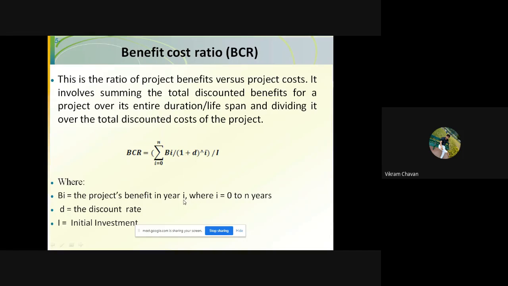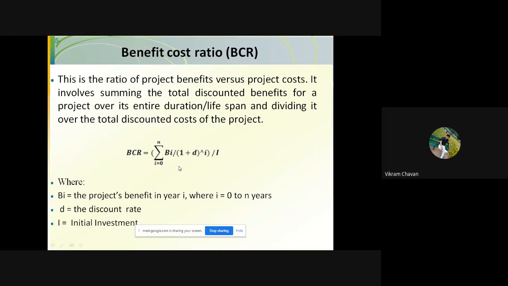We take the summation of the factor B_i divided by (1 + d)^i, and this factor provides the present value of that benefit.